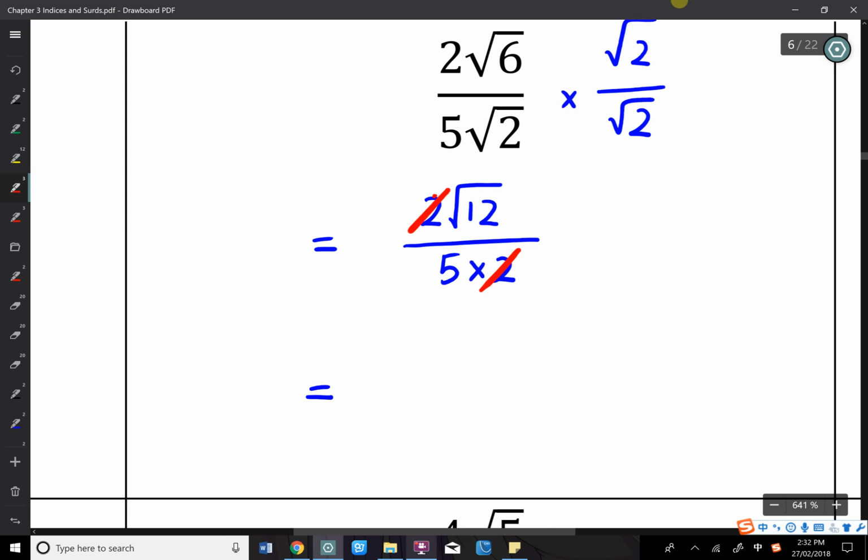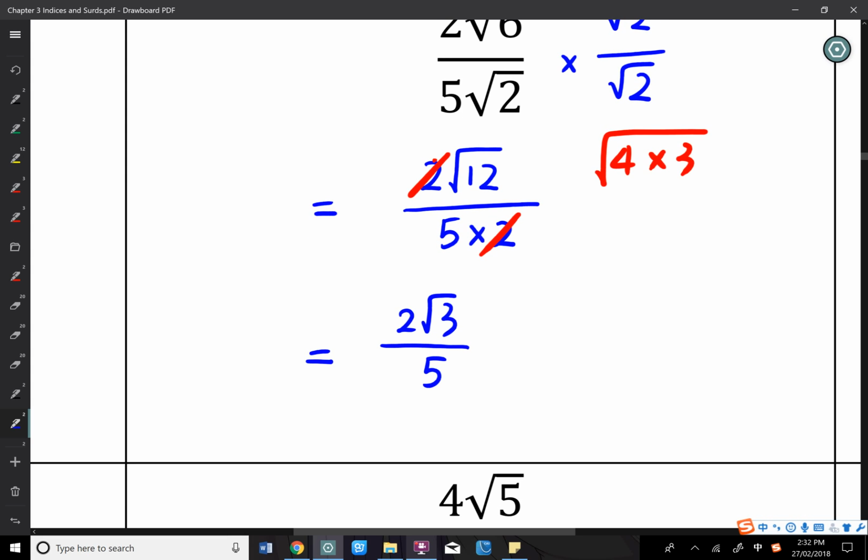And also 12 is 4 times 3, so the top can become 2 root 3 and the bottom is just a 5. I need to simplify it to the simplest version, so no common factors from top and bottom. So I can cancel the 2, and root 12 needs to be simplified.